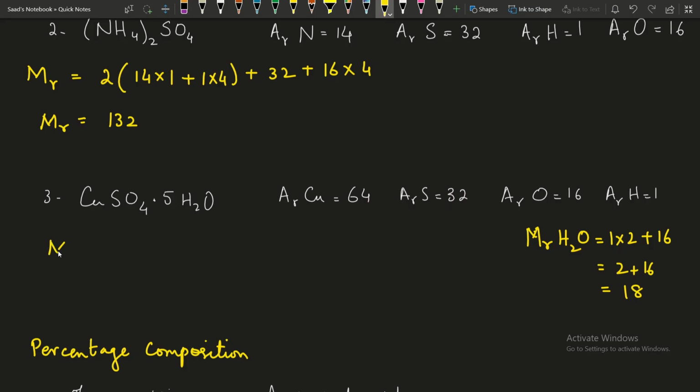Now the MR of hydrated copper sulfate would be AR of copper is 64, plus 32 for sulfur, plus 16 for oxygen multiplied by its subscript, which is 4, plus 5 multiplied by 18 for water. Then you can solve it, and I think your answer would be 250. All right.